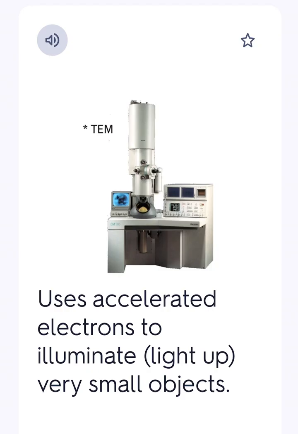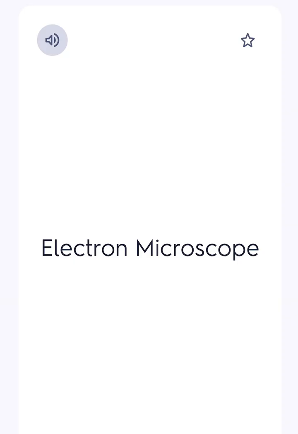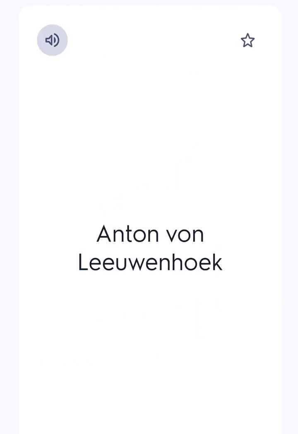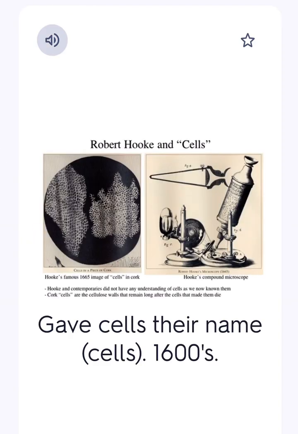Uses accelerated electrons to illuminate very small objects. Electron microscope. Inventor of the first microscopes. 1600s. Anton von Leeuwenhoek. Gave cells their name. 1600s.